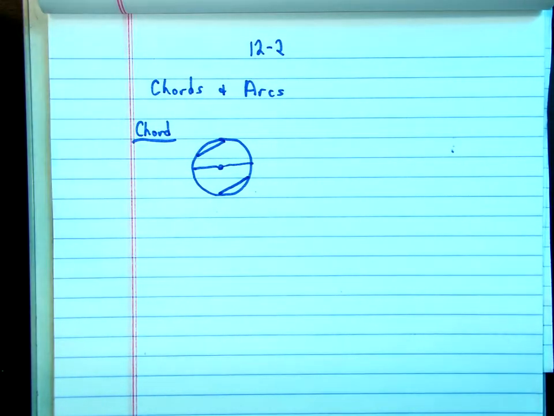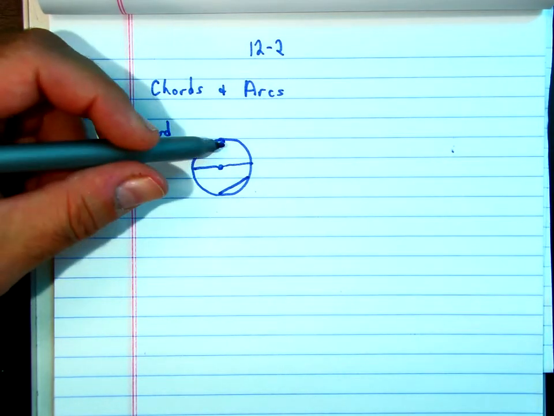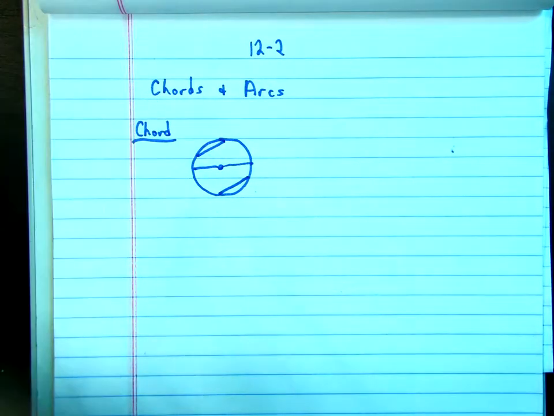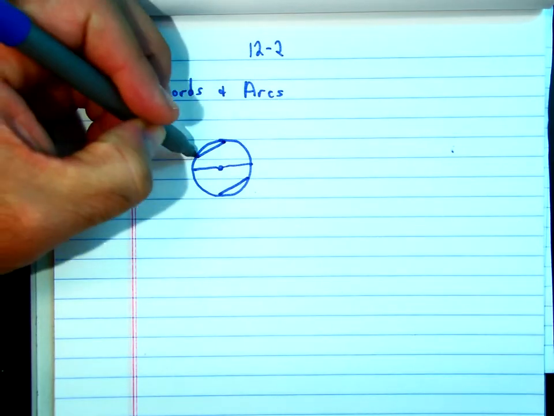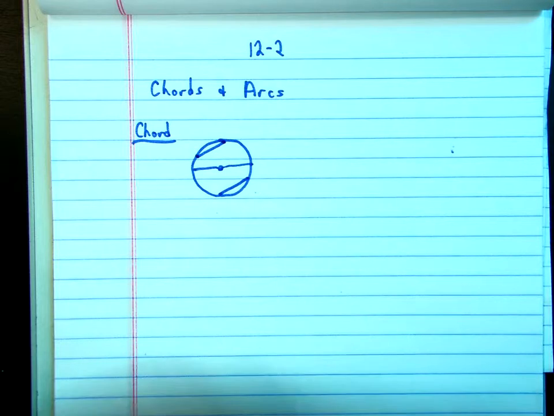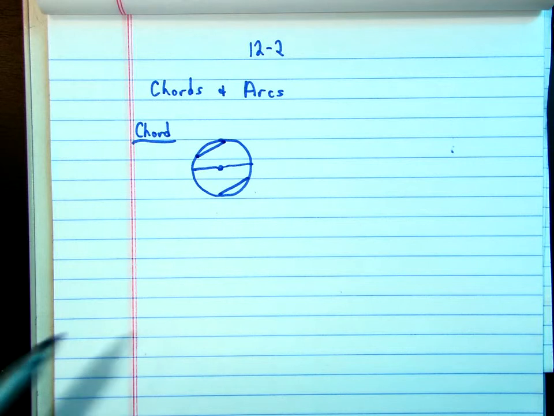But any line segment that stays in the circle and touches at two sides is also a chord. That means the endpoints of it are on the circle. Notice it doesn't continue out. That's got a different name. Okay, so understanding what a chord is.